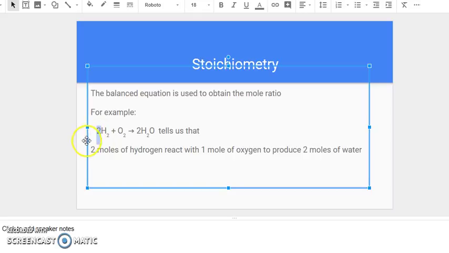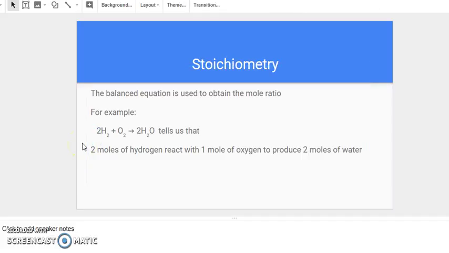So we could say, for example, that 2 moles of hydrogen react with 1 mole of oxygen to produce 2 moles of water. We could also say, 2 molecules of hydrogen gas react with 1 molecule of oxygen to produce 2 molecules of water. But for now, let's concentrate on that molar ratio.